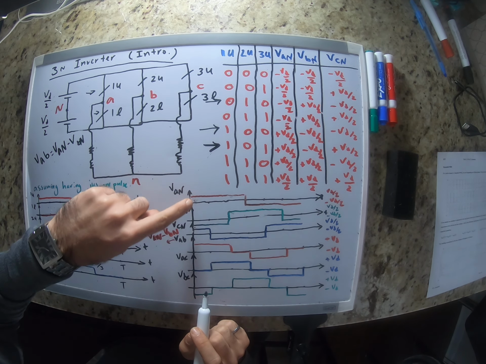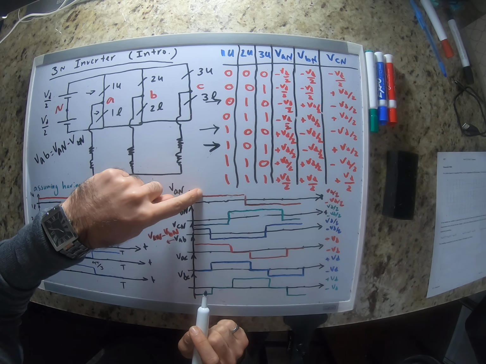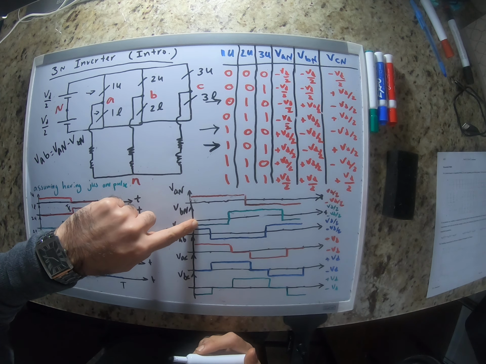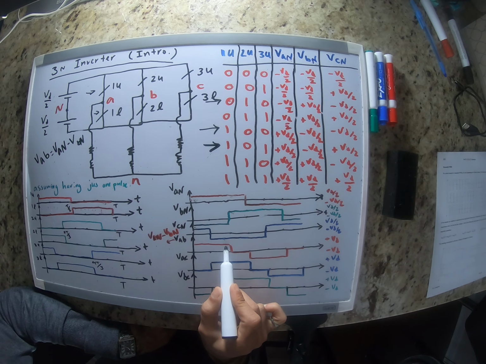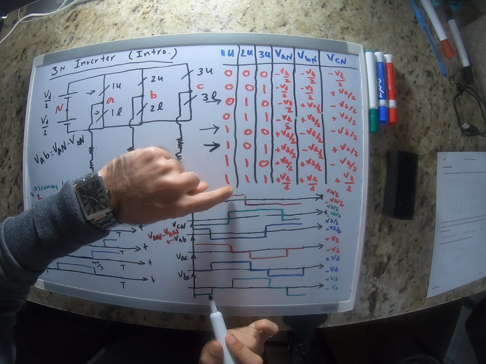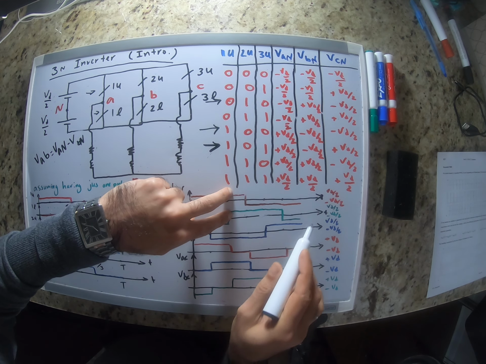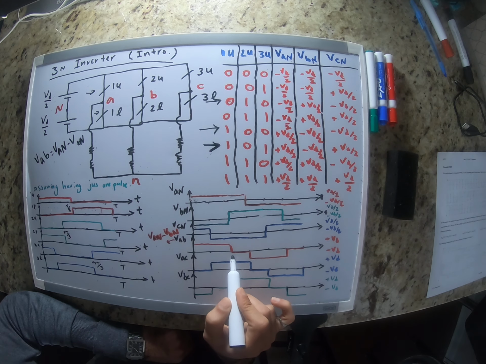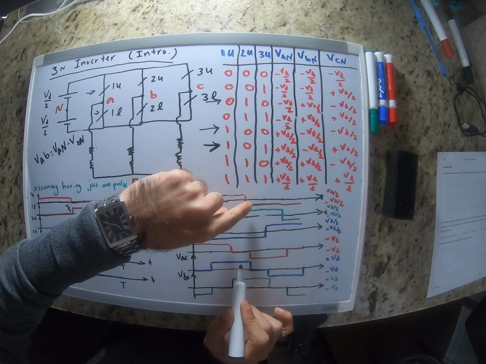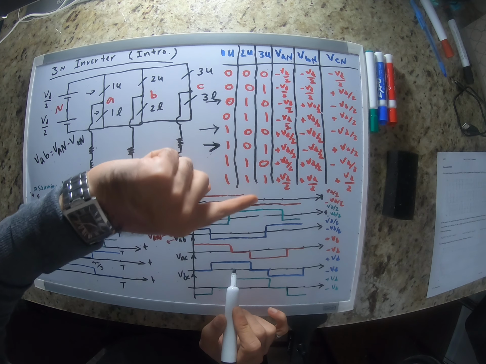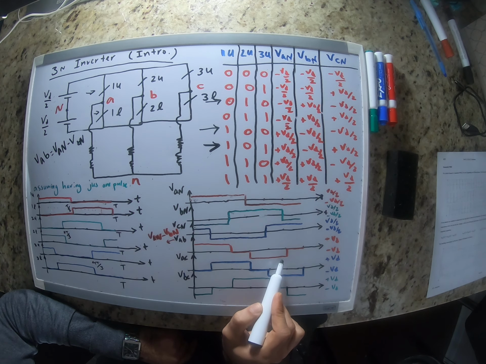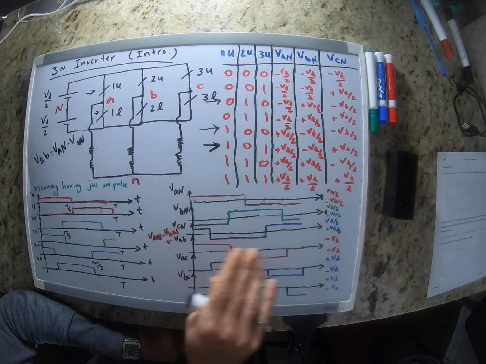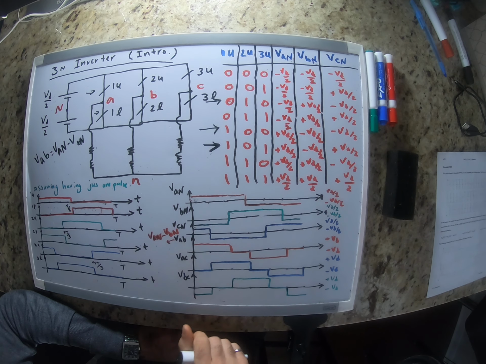For the first period, VAB becomes VD over 2 minus negative VD over 2, so it's going to be positive VD. For this one, again, it's positive VD. For this one, both VAN and VBN are equal to VD over 2, so if I subtract them, it becomes 0. Then later on it becomes negative VD over 2 minus VD over 2, which is negative VD. Again here it's going to be negative VD and eventually becomes 0 again. It's a periodic signal, so the same thing happens again.